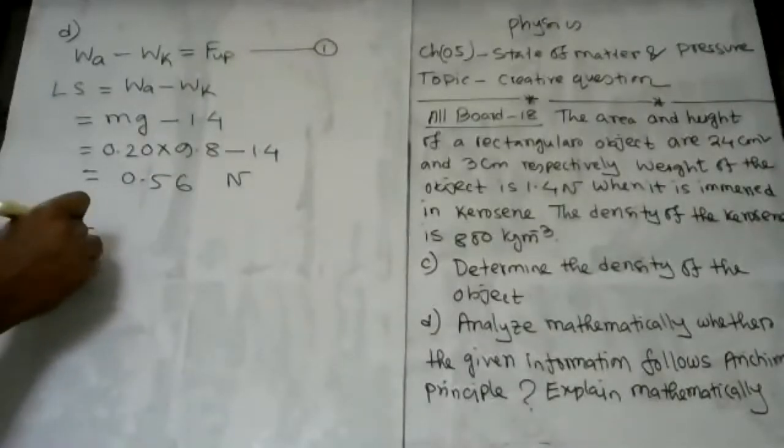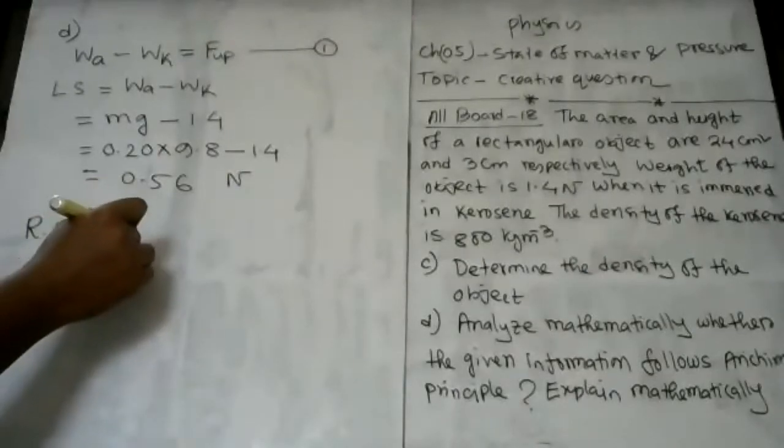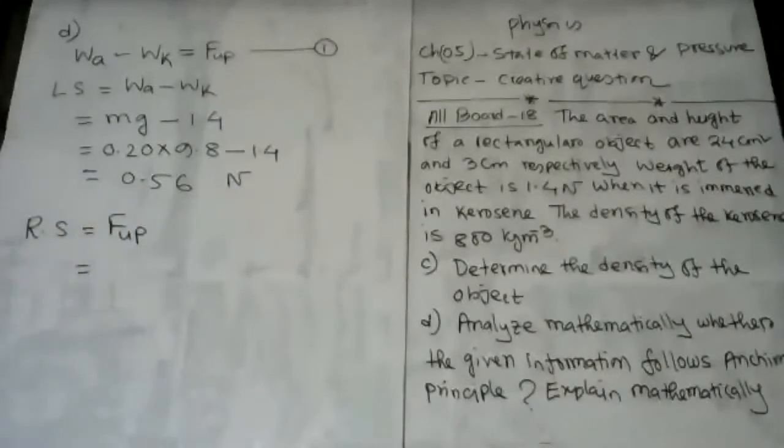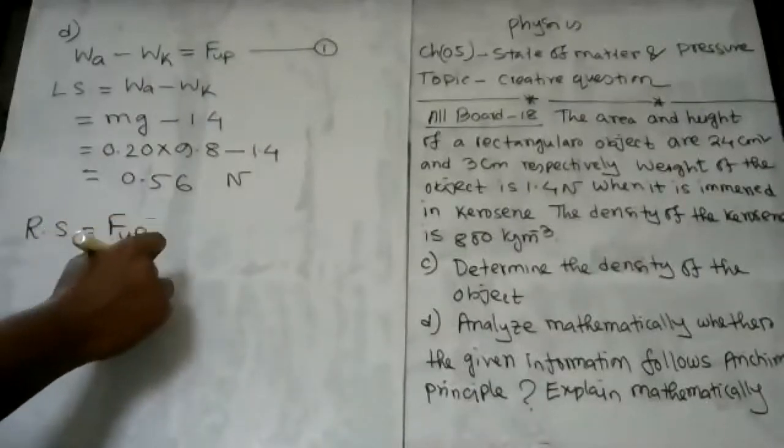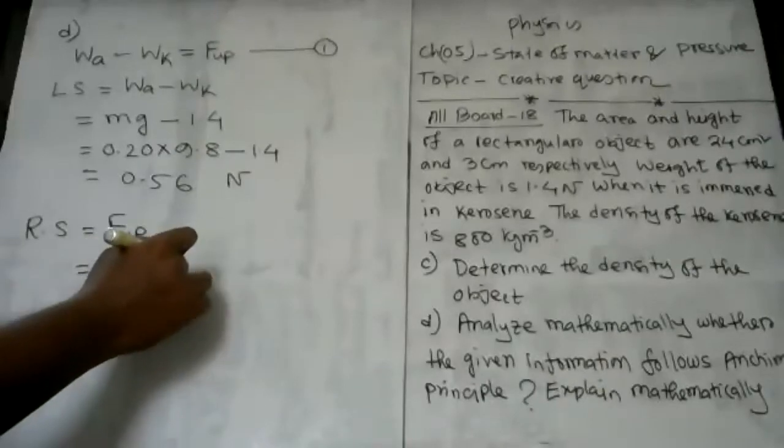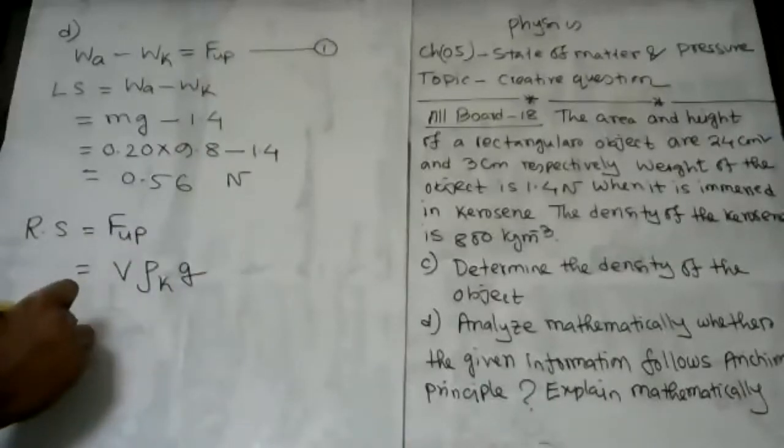Okay, upward thrust. You know that upward thrust is given by the liquid like kerosene. I repeat, my student, upward thrust is given by the liquid like kerosene. So here kerosene can apply the upward thrust. This upward thrust will be equal to V, density of kerosene, and then g. And V equal to what?